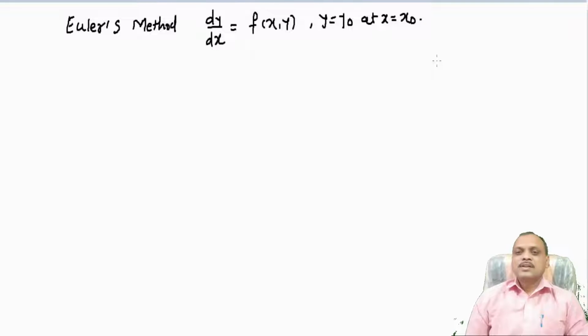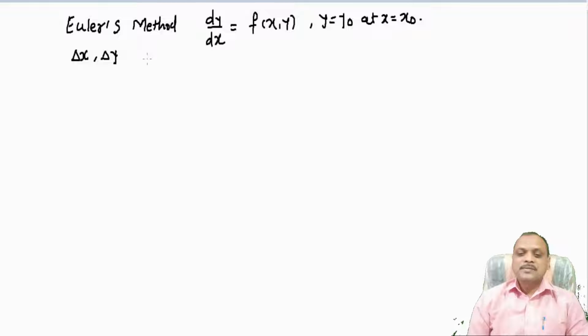When we need the solution of this differential equation, Euler's method is a very useful method. Friend, we know that when there is a small increment in the independent variable delta x, there is a small increment in the dependent variable delta y.